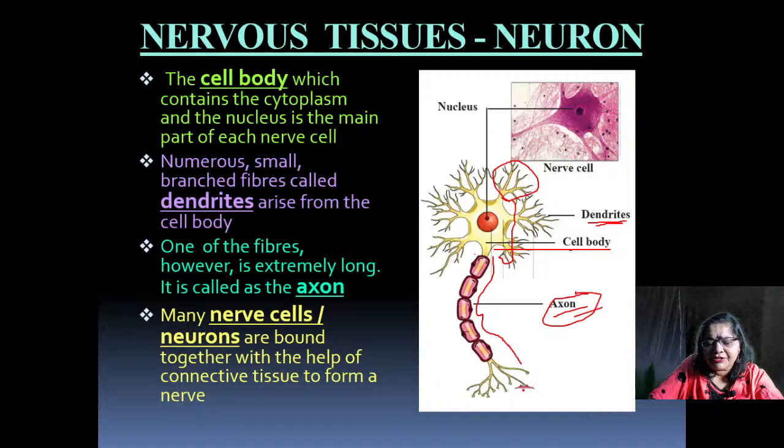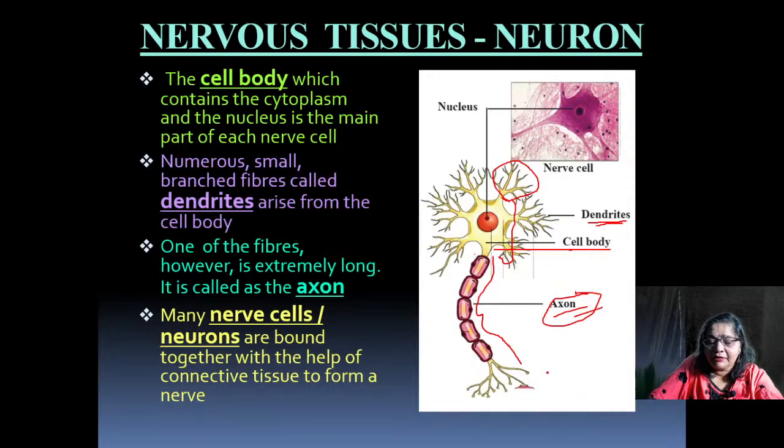Now, the region which is present between the end plate of the axon and the dendrites of the next or adjacent nerve cell is called the synapse. It contains certain fluid, which helps in conducting the nerve impulse, which is in the form of electrical signals.